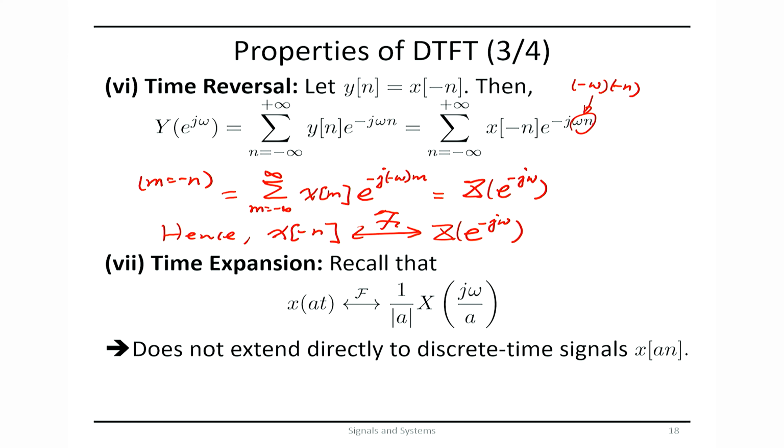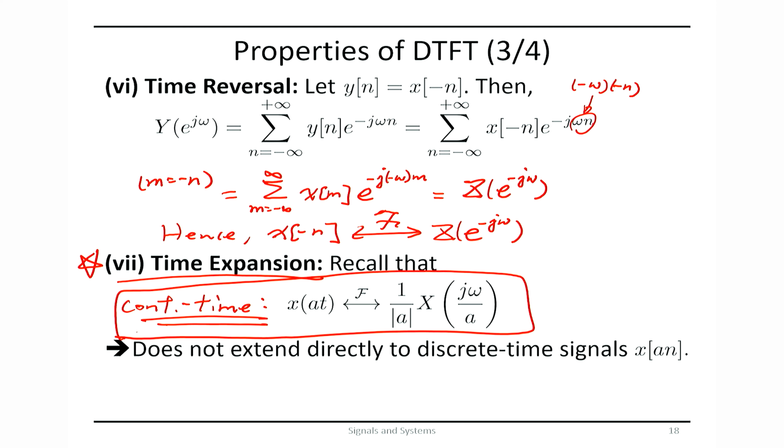All right. Now this last part is a little bit tricky. This last part is about time expansion. Recall this is what we have in continuous time. When we scale time by a, we're either performing an expansion or compression of the signal.